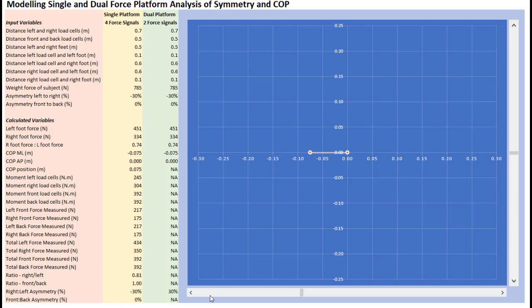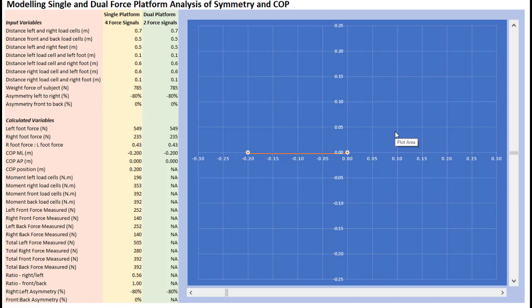So we'll introduce even greater levels of asymmetry. You can see the values here, 30%, 40%, 50%, etc. And we see that the asymmetry as measured between a single force platform and a dual platform are identical, and this is to be expected. Similarly, the calculated forces under the left and right feet are identical if the distances between the feet are known for either system.